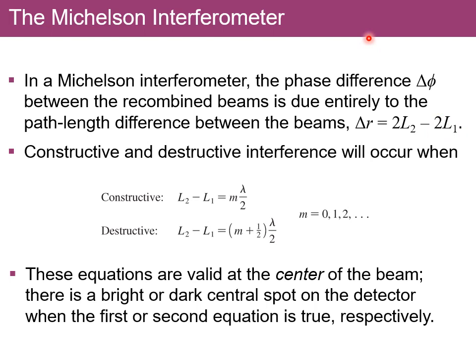Constructive interference will occur when L2 minus L1 equals m lambda over 2, and destructive interference will occur when L2 minus L1 equals (m plus 1/2) times lambda over 2. These equations are valid at the center of the beam. There is a bright or dark center spot on the detector when the first or second equation is true, respectively.